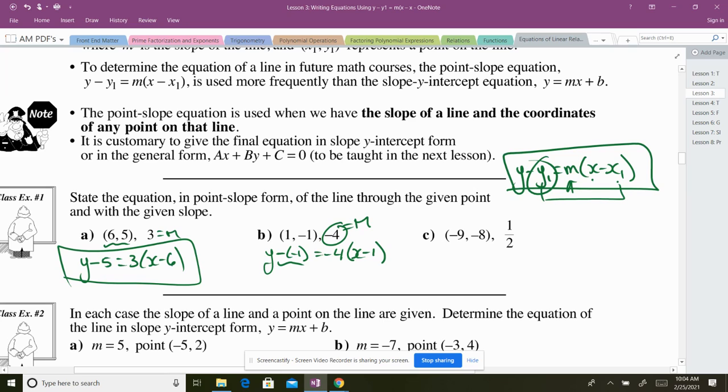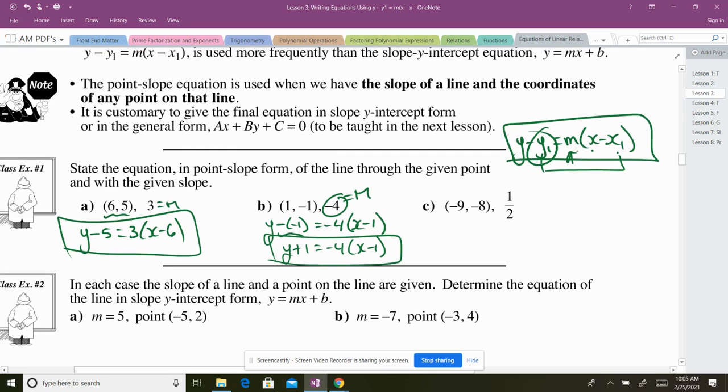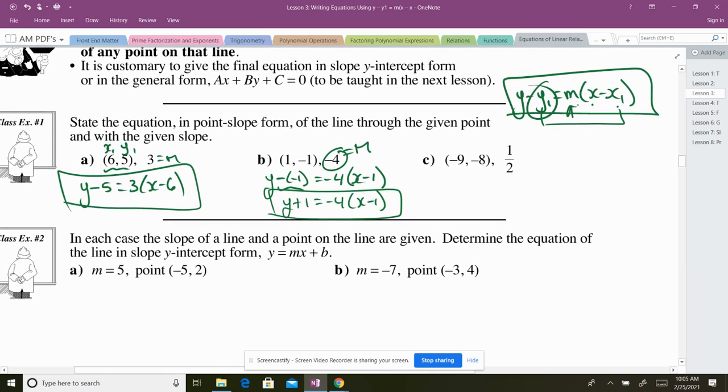Now, two negatives make a positive, so it turns into y plus 1 equals -4 times (x minus 1). All right. Is that okay? That's just plugging the numbers into the formula. What is m and what is x1, y1? That's it for now. It's always for now, right?